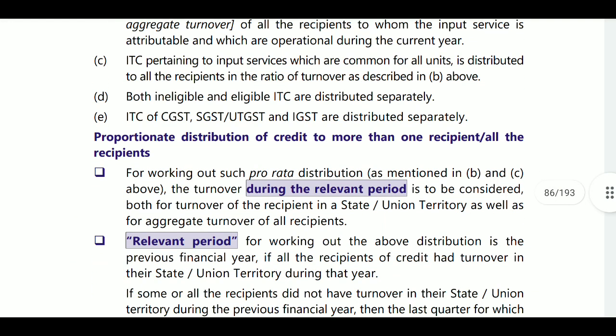And proportionate distribution of credit may be to more than one recipient or all recipients. So there may be only one recipient, or all the recipients.